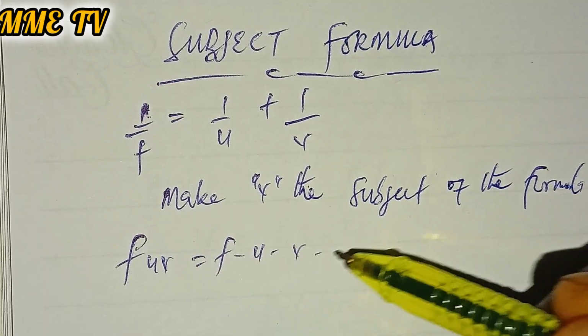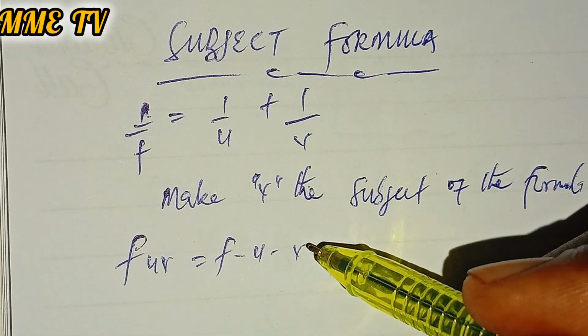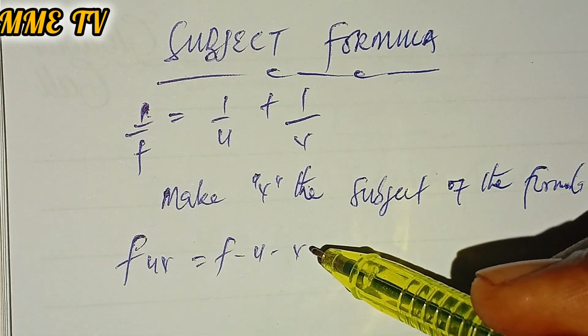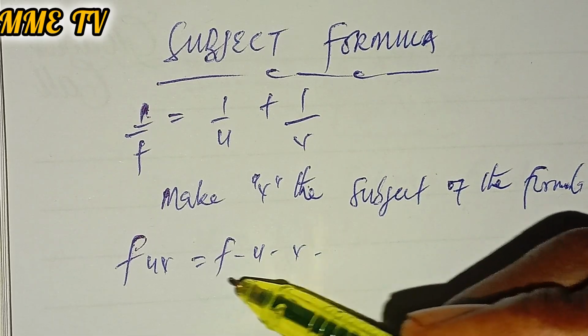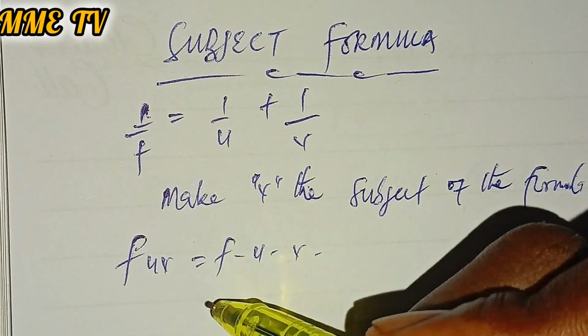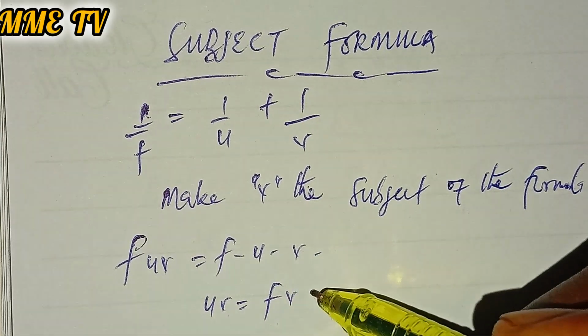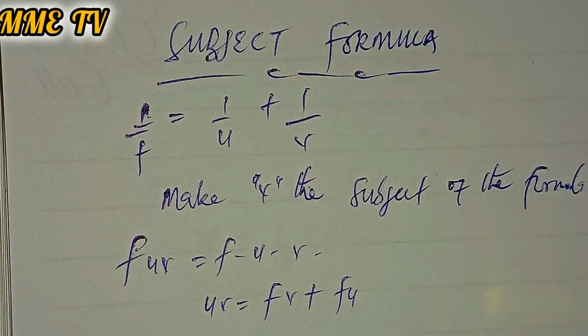I hope that is clear. Then we are going to multiply each term by FUV, meaning that we'll be having UV equal to FV plus FU.